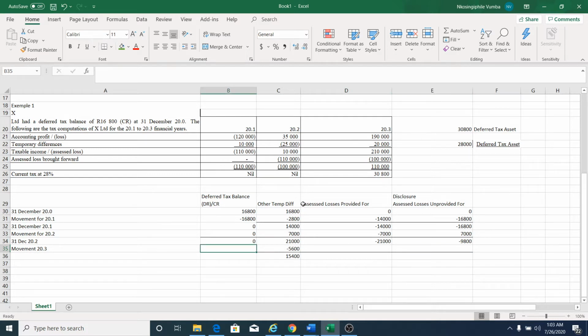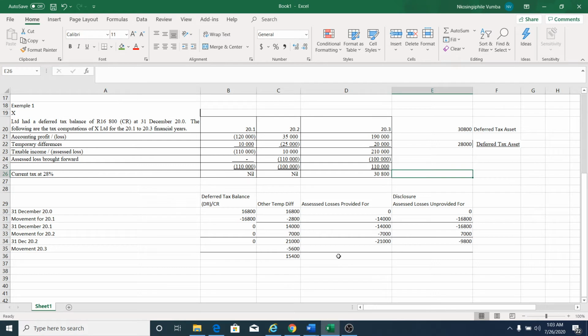Let's talk about this. We have 20.3. We made a taxable income of 210. We brought forward 100, and we made 110,000 rand taxable income for the year.